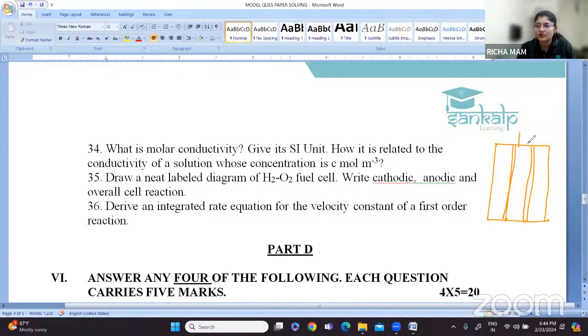From here, water outlet, this is a cathode.